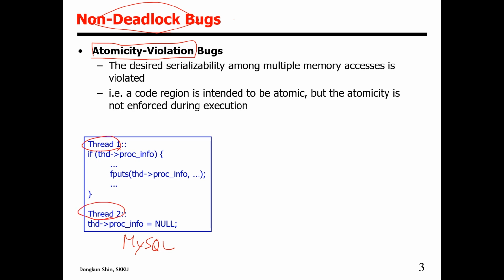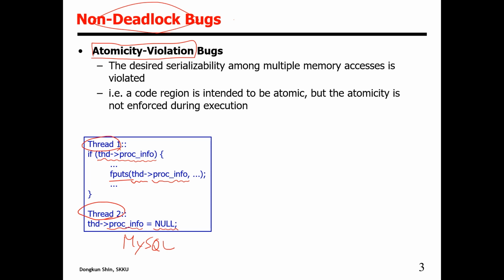Thread 1 accesses the proc_info field in the structure thd. It first checks whether proc_info is non-null. Then if the value is non-null, it prints out the value using the fputs function. Thread 2 also accesses proc_info. It sets the value to null.